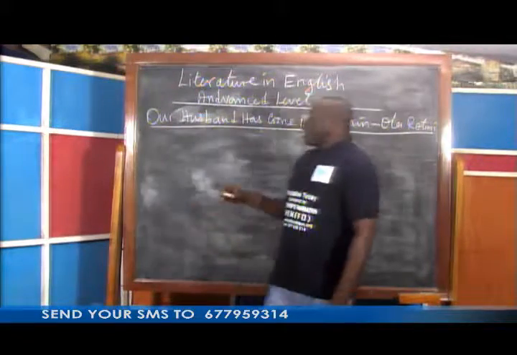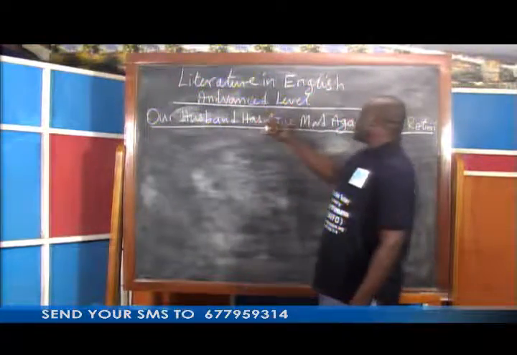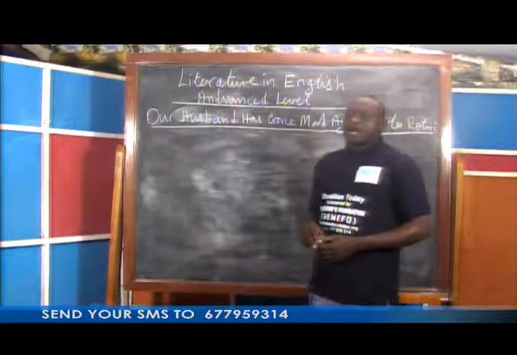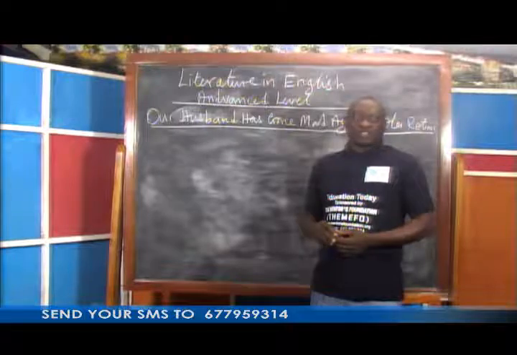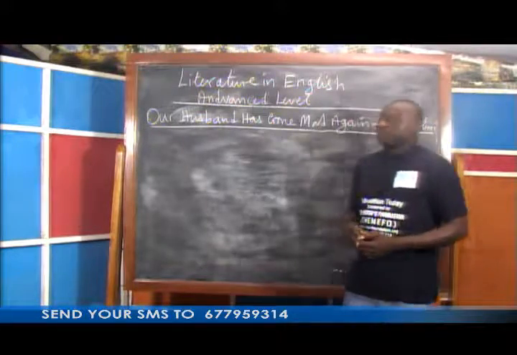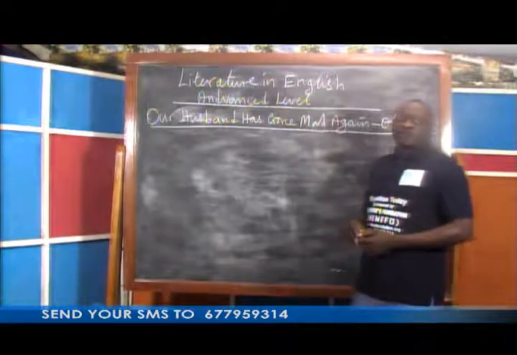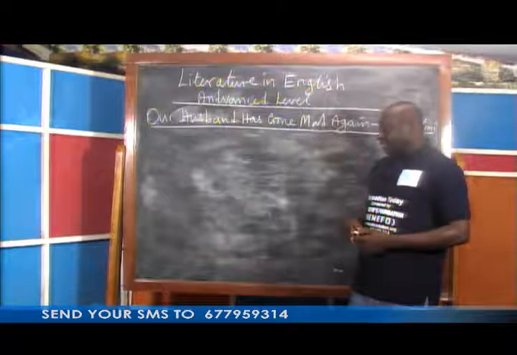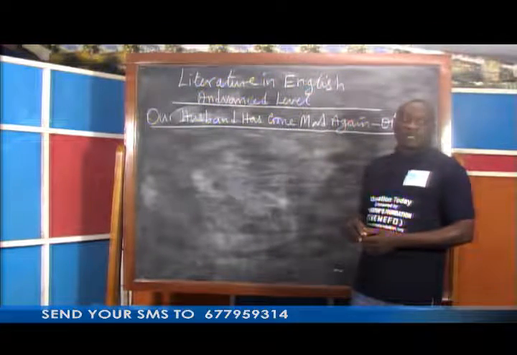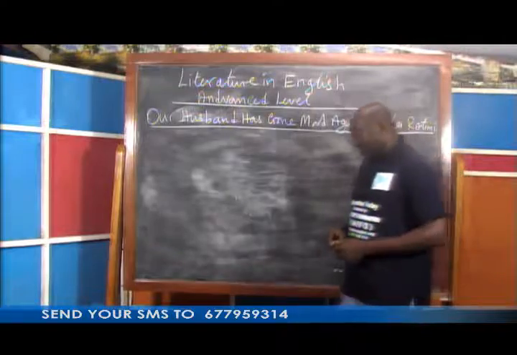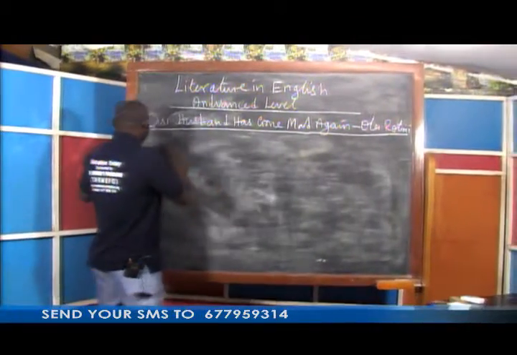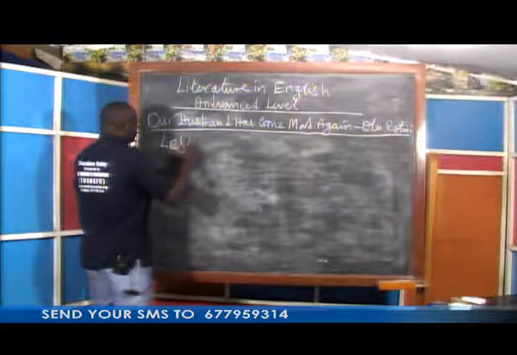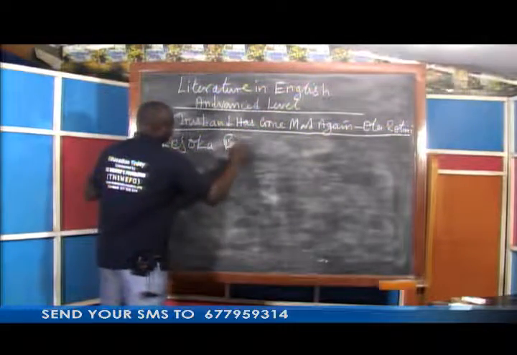Okay, we all know very well that Our Husband Has Gone Mad Again is written by a Nigerian who is actually known as Ola Rotimi. Ola Rotimi is a Nigerian playwright, and he is the author of Our Husband Has Gone Mad Again. As far as the play is concerned, we have the main character, Lejoka Brown.